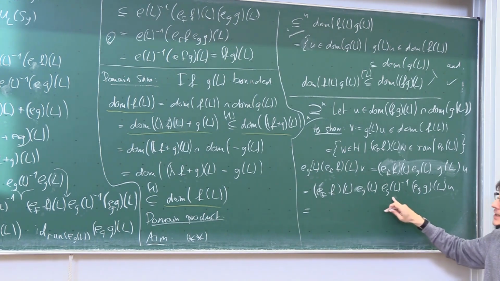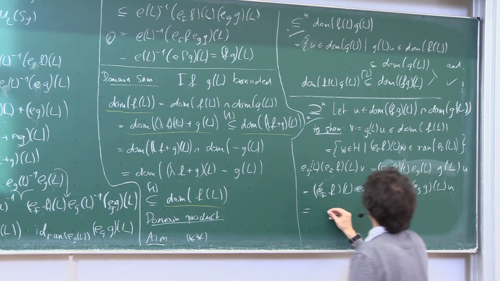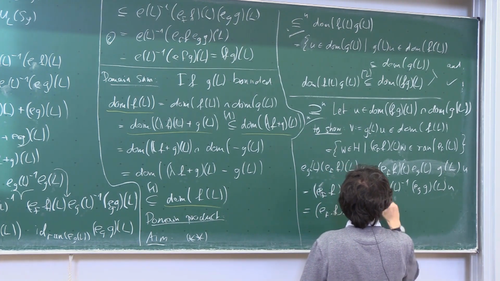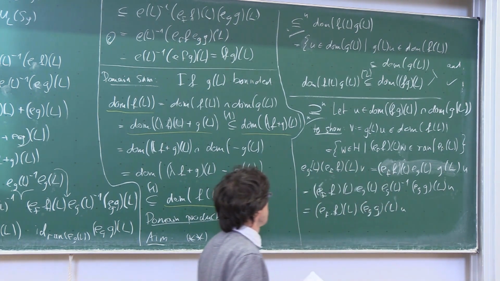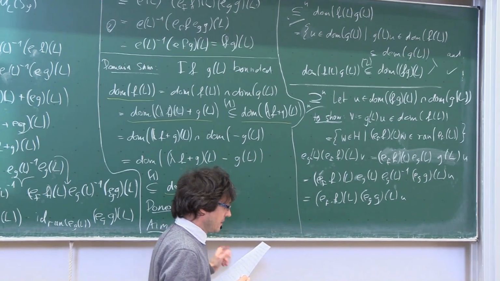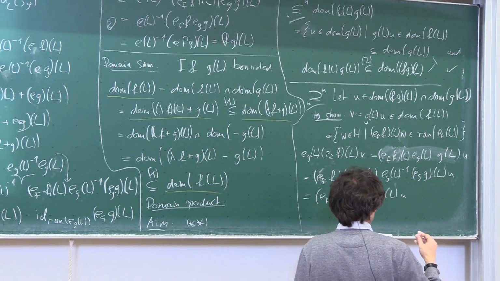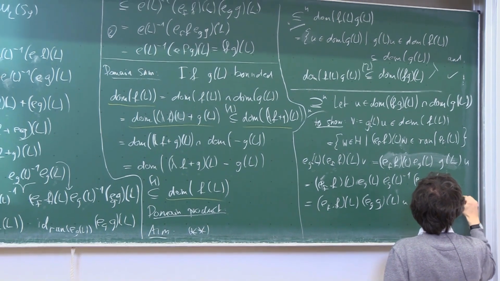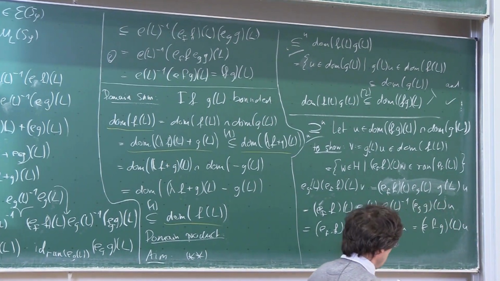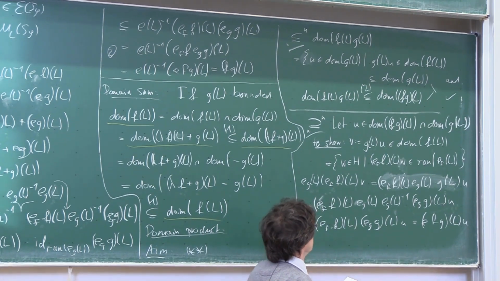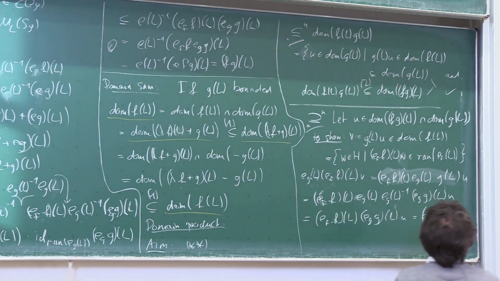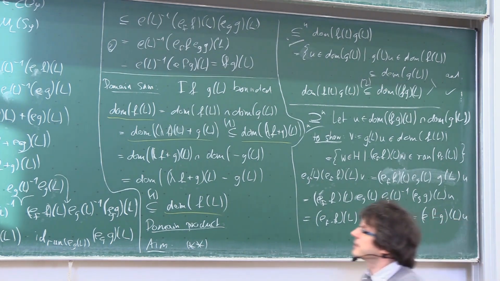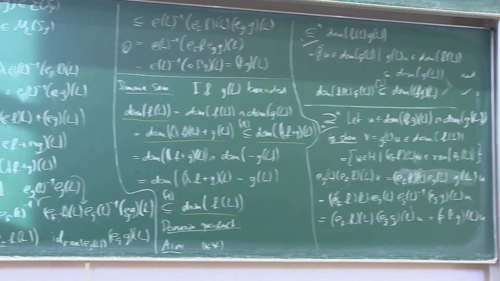So these two really cancel out. So this is EF of L, EGG of L U, and this is EFG of L applied to U. Now I know that U is not only in the domain of G, but it's also in the domain of FG of L.